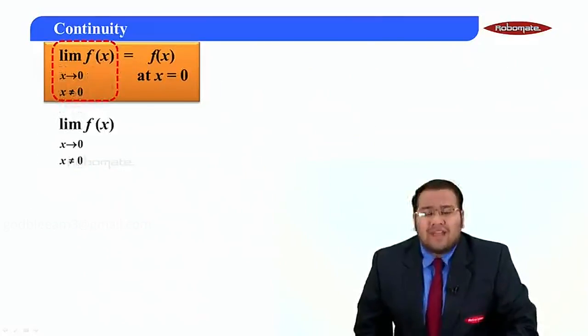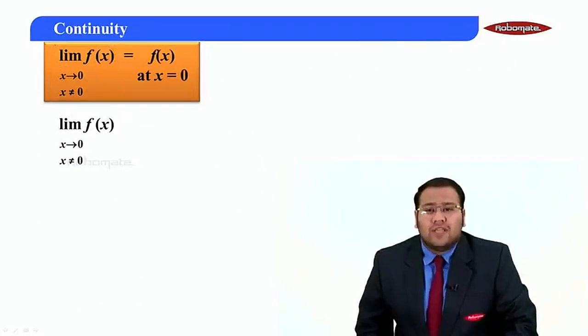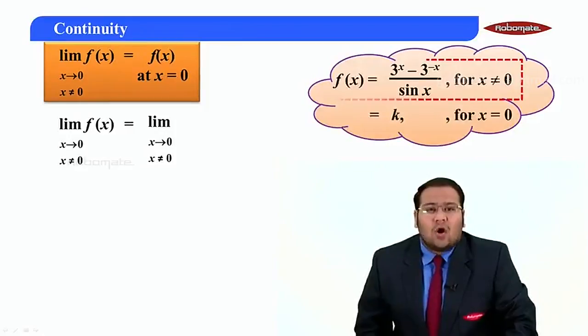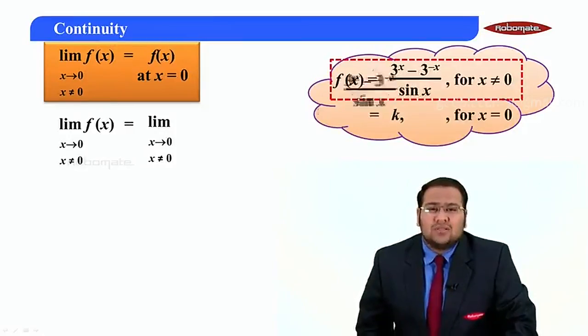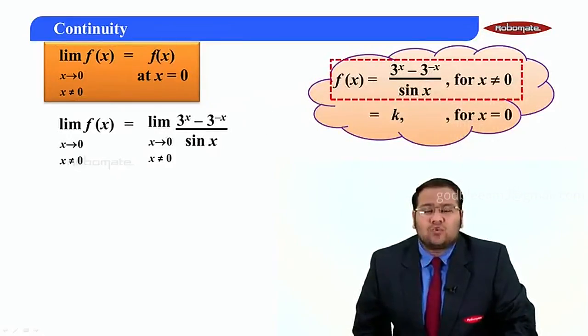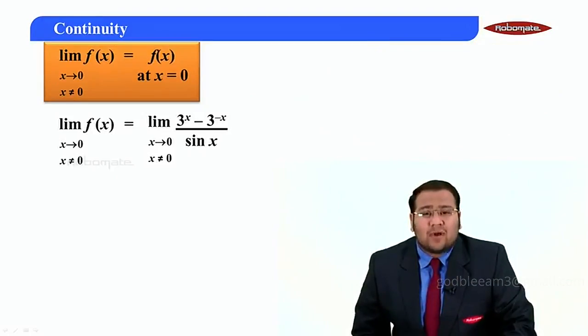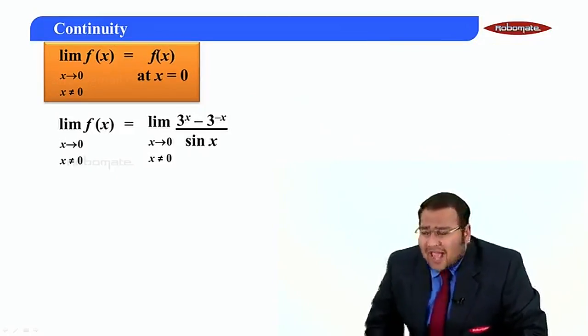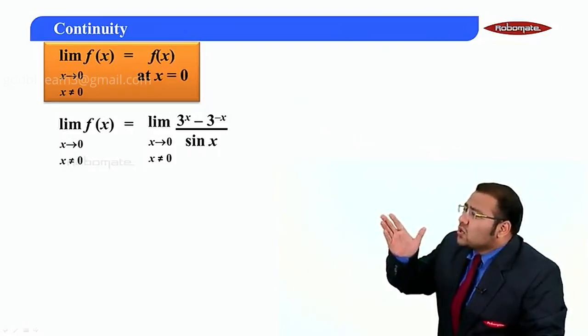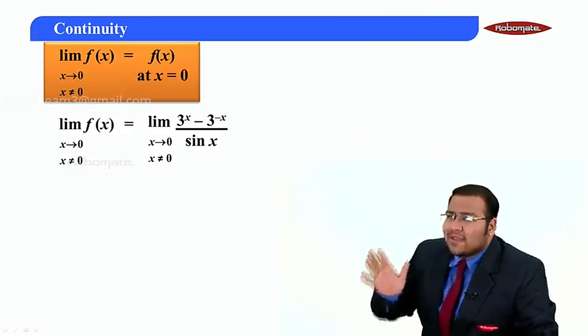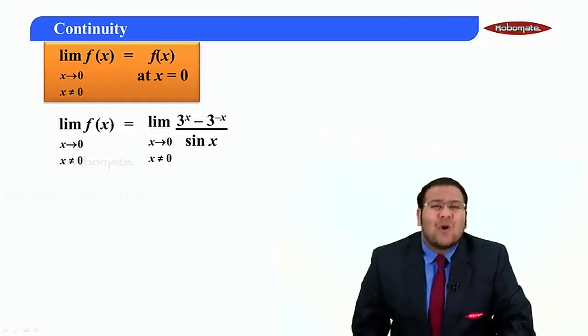So from the left hand, it is for 0. Already we have a condition that is 3 raised to x minus 3 raised to minus x upon sin x. Students, as soon as you see this equation, you remember something. Yes. What is that?